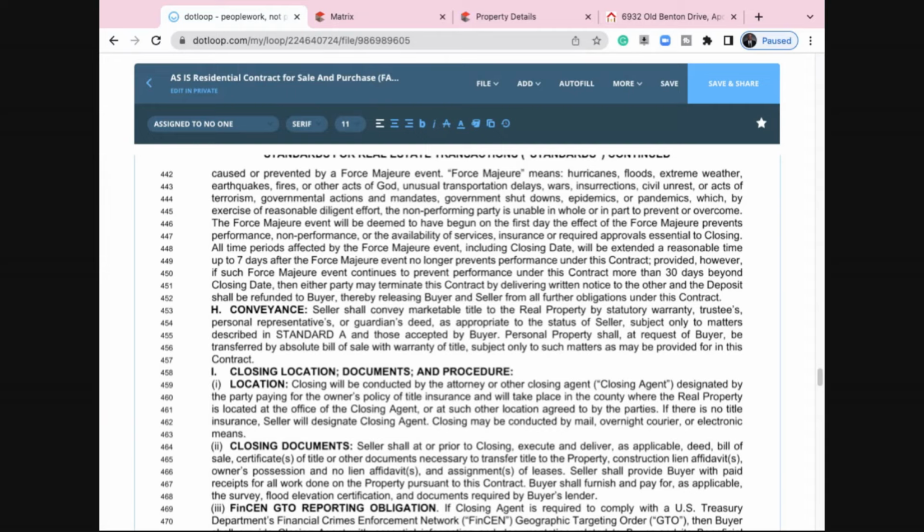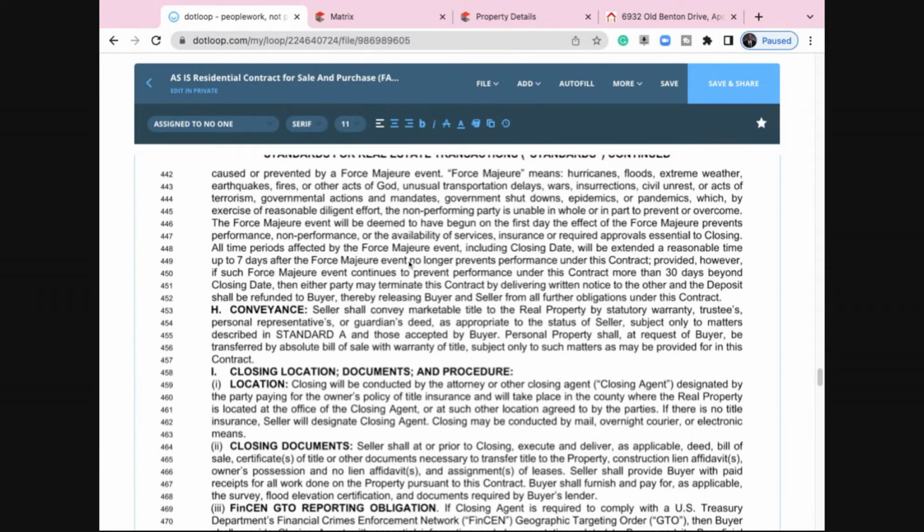You have 7 days after that event, and all of your timelines are shifted. So if you were to close like 2 days after the event that was altered by the hurricane, and you could not close, you have 7 days after the effect of the event ends, and then now everything is shifted. Okay, up to 7 days or a reasonable amount of time. That's what this says.